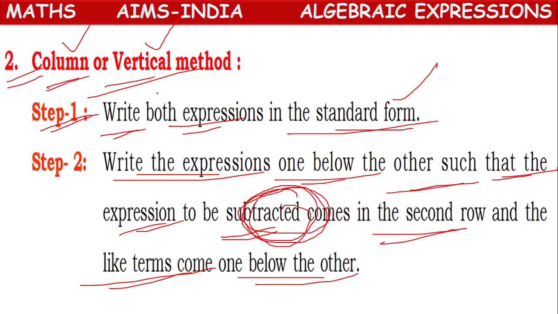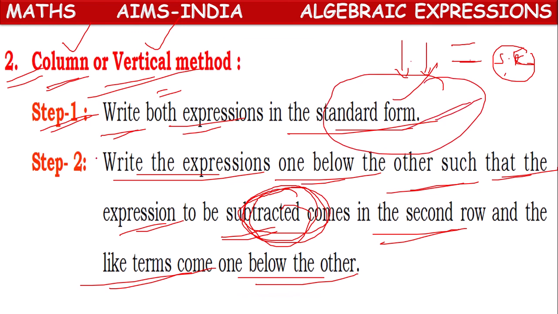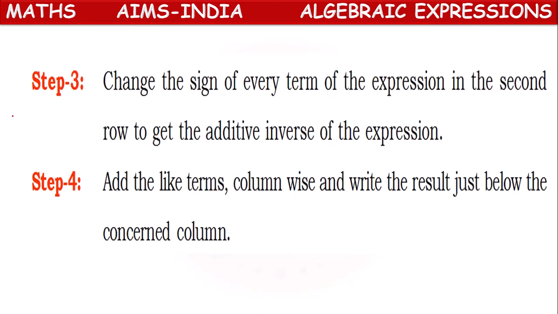While subtracting in the column method, we will have rows for two expressions. Two rows will be there. The expression to be subtracted should be kept in the second row, and like terms one below the other. Before that, they should be written in standard form. We have to follow these steps.